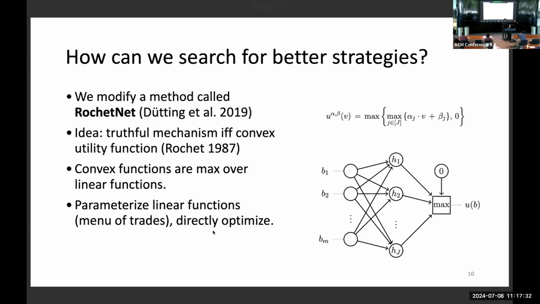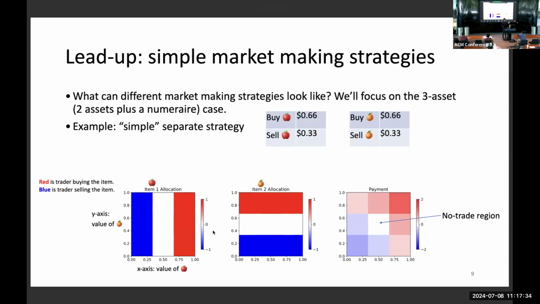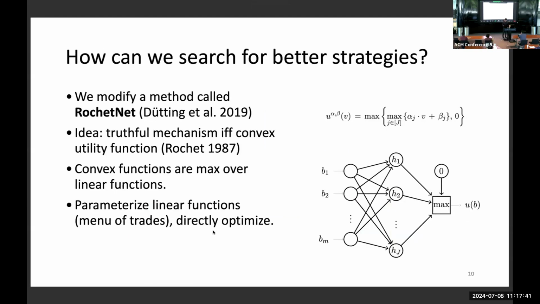So this is a simple strategy, but we can imagine there are much more complicated designs in this search space as well. But how do we search for those? We use a neural network, and specifically a method called RochetNet. Its basic idea is to use Rochet's characterization of truthful mechanisms, that truthful mechanisms correspond with convex utility functions.